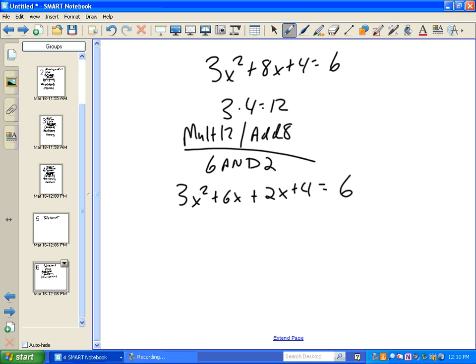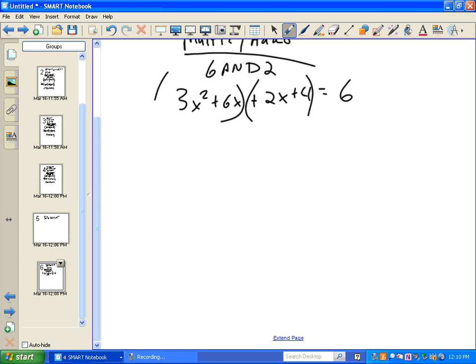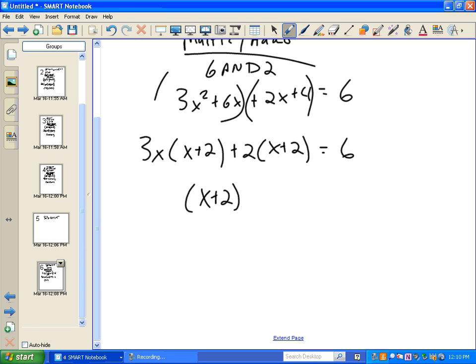Is everyone with me? All right, now, we group that. That's 3x, x plus 2. Take out the 2. That's x plus 2. So we're left with x plus 2 times 3x plus 2 equals 6.